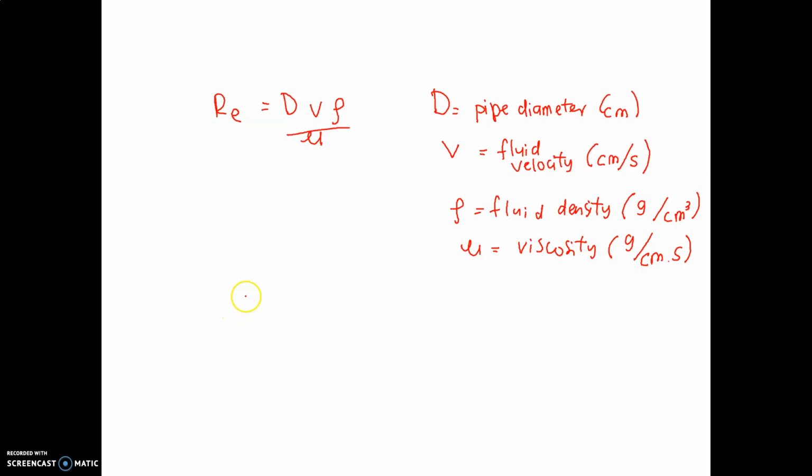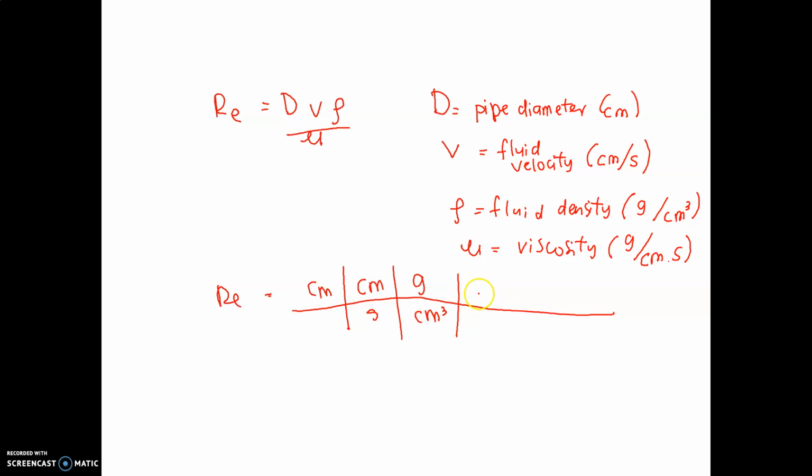So after we arrange all of these by considering this, we start with d first, cm, and then we have v velocity, which is cm per second, and then we have gram per cubic centimeter, and lastly we have the viscosity, which is at the bottom, so we just flip it, cm second per g.